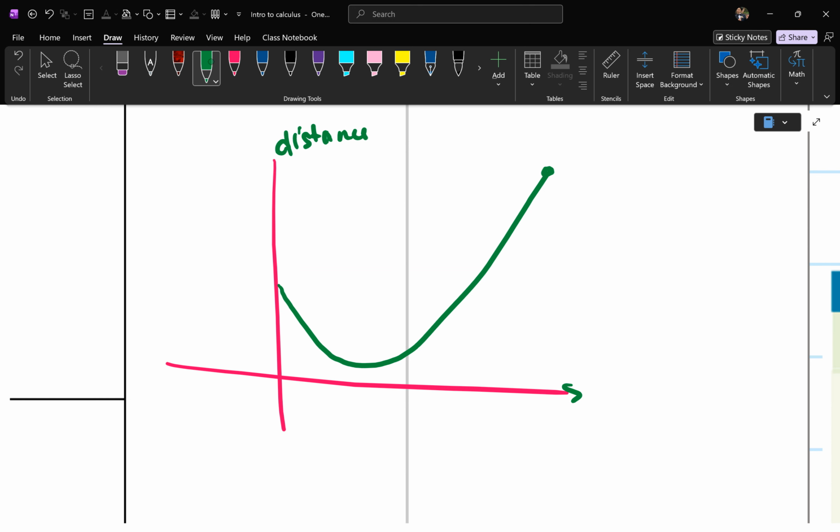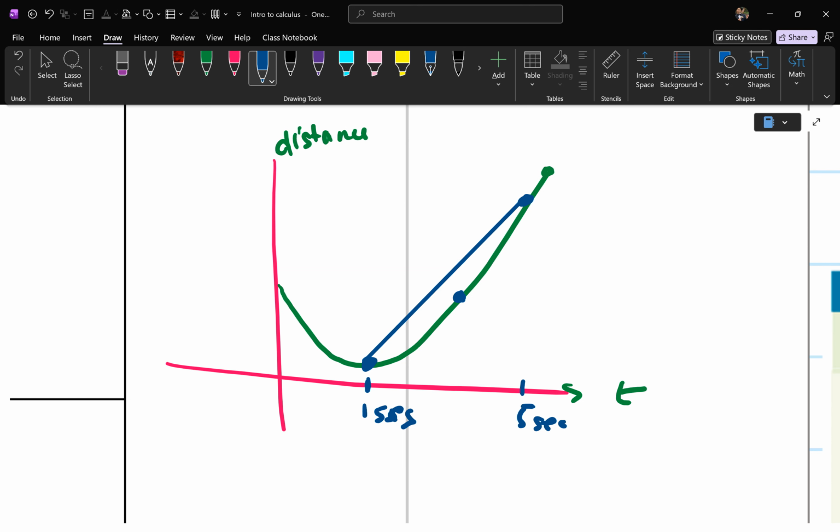This is the time. What we can see is that at every single point in time, I have a different distance as I travel. But let's say I wanted to know from 1 second to, let's say, 5 seconds. I want to know from this point to this point.